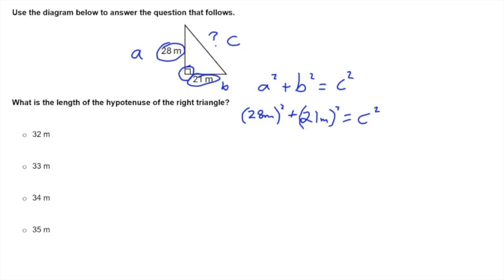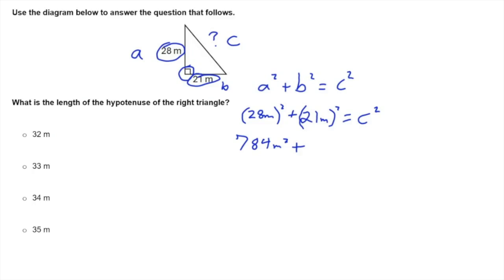All right, so let's calculate the parts that we were given. So 28 meters squared works out to 784 meters squared, plus our base, which is 21 meters.